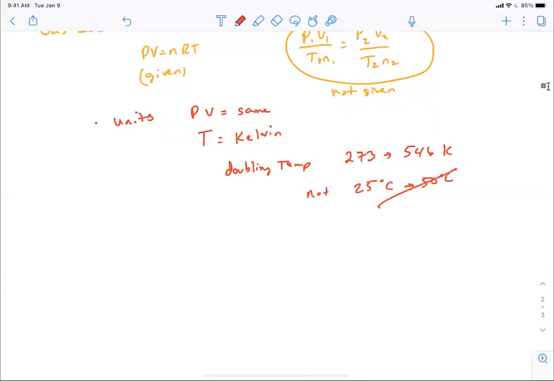Okay, because we're talking about absolute temperature being doubled here. And so there's a huge difference from that. So what the IB does, they'll give you the question in Celsius and they'll say 25 to 50, and you're like, oh, it doubles. But in reality, it's really 298 to 323.